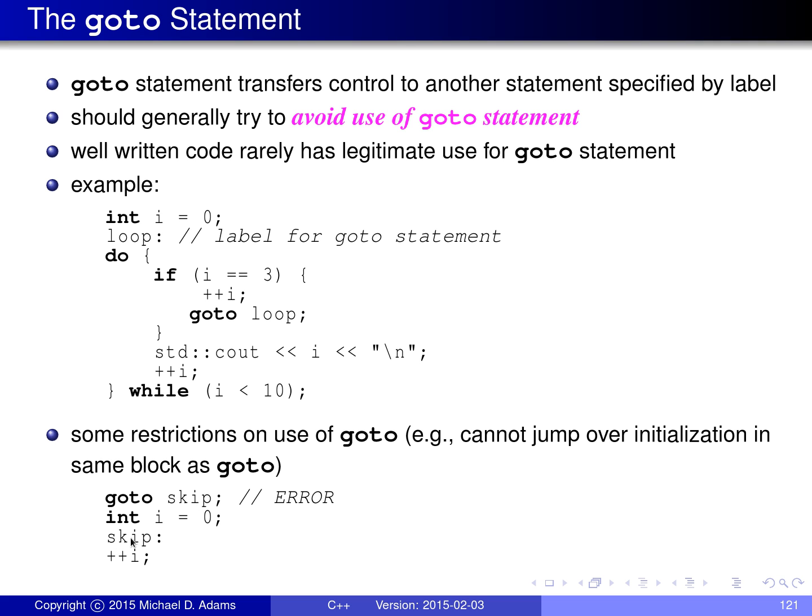After this point, we're trying to increment I. But if we actually execute this goto statement, it jumps over the line of code that creates I. So it would be complete nonsense to try to increment I here because I never even got created, because we've skipped over its creation. So one restriction on the use of the goto statement is you can't jump over the initialization or creation of variables in the same block as the goto statement.